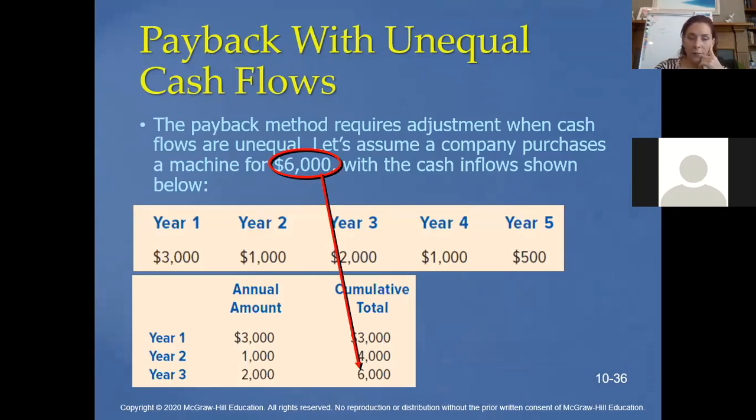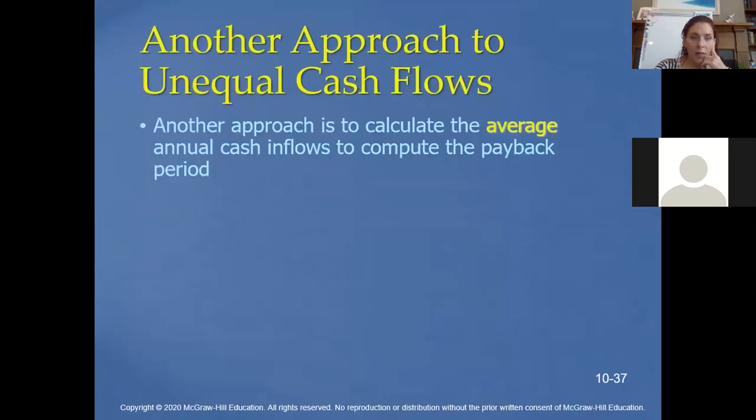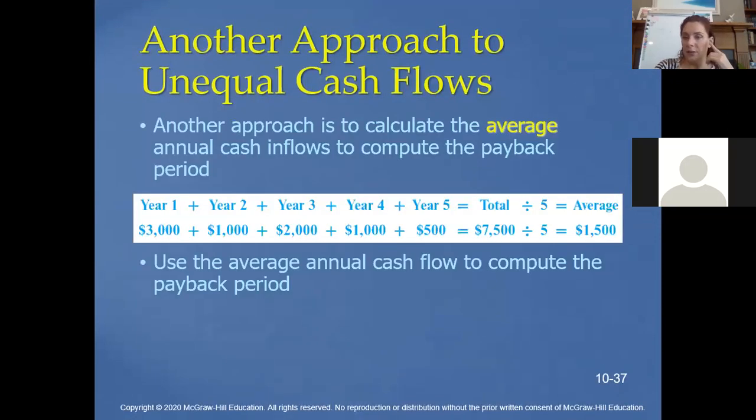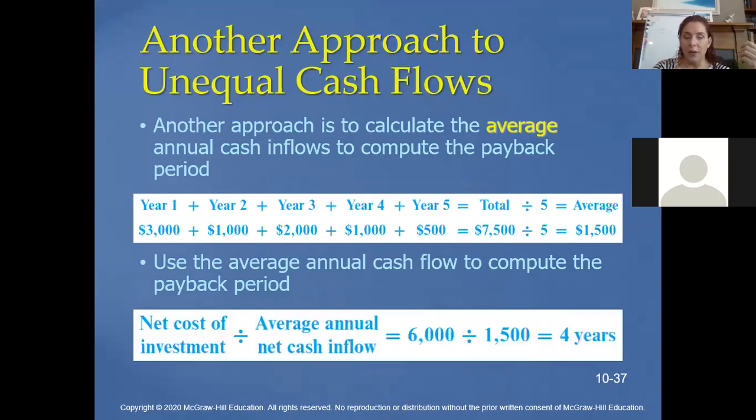Essentially, you've returned that investment amount. The other way is to just do an average. Neither one is better than the other, but all they did was take an average of your cash inflows, and then you can use that to figure out how long it's going to take to pay that back. Okay, so guess what? We're going to do some examples of that.